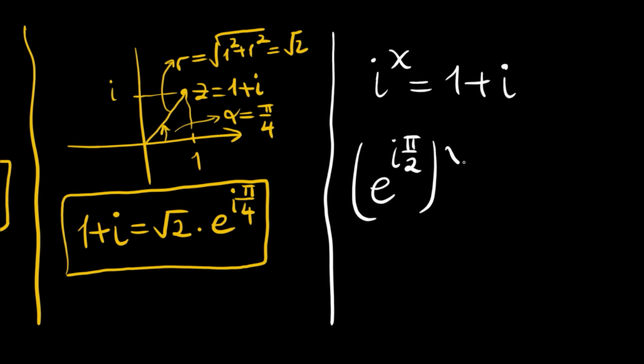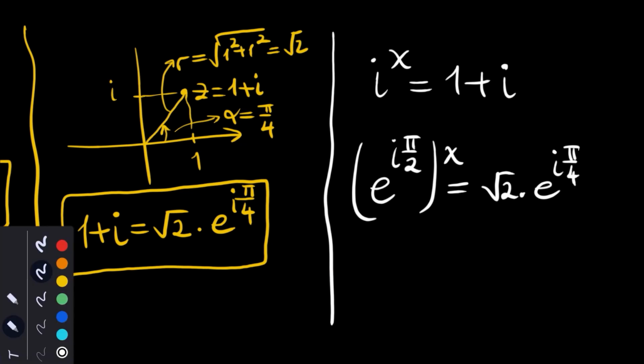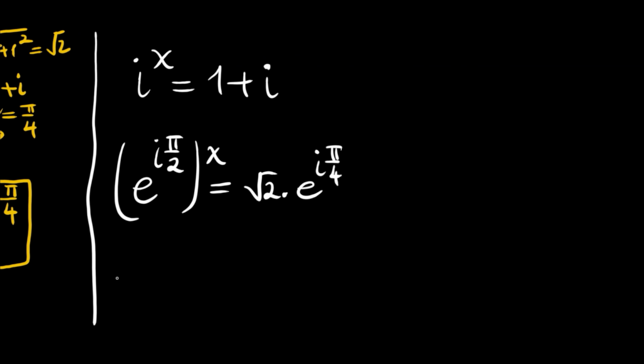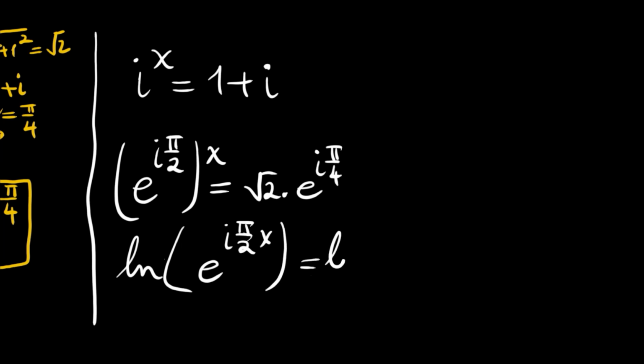Raise it to the power of x, this is equal to root 2 times e to the power of i pi over 4. Now we will take ln of both sides. That is ln of e to the power of i times pi over 2 times x. This is equal to ln of root 2 times e to the power of i pi over 4.